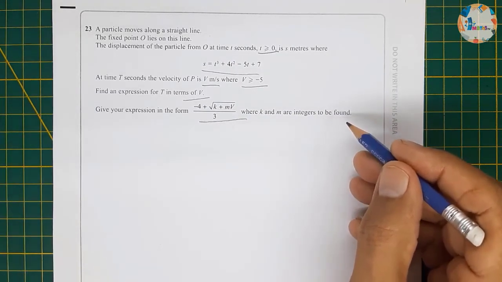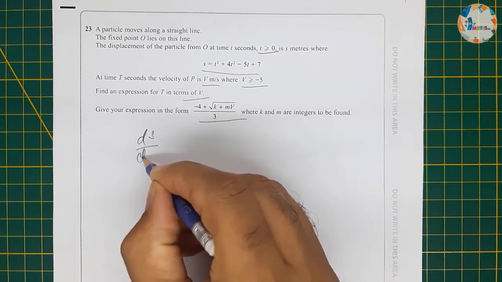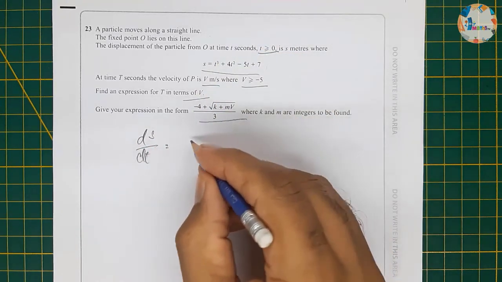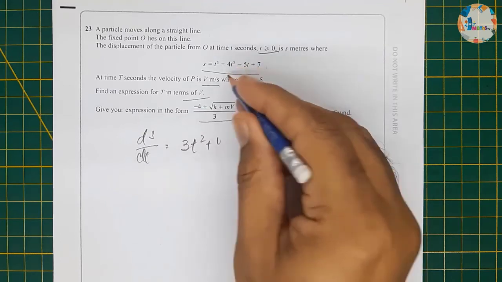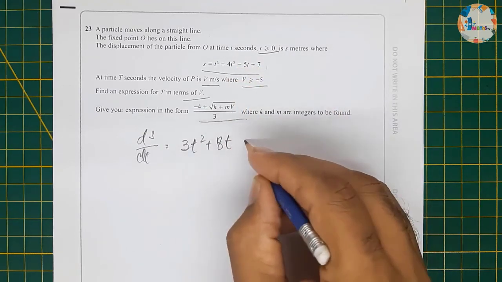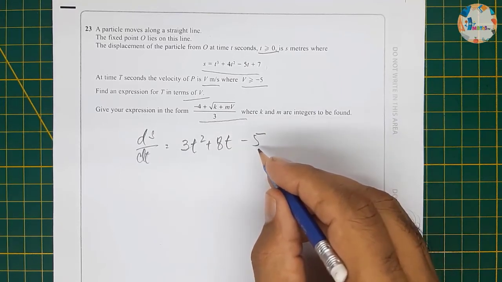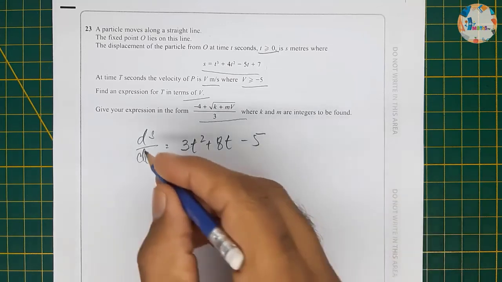Give your expression in this format, where k and m are integers to be found. So we can find velocity, and we know velocity is ds by dt. This will be the velocity, and we will differentiate this equation. 3t square plus 4 into 2 will be 8. So 8t minus 5, this will be the differentiation of this one, and this will be basically the v value.